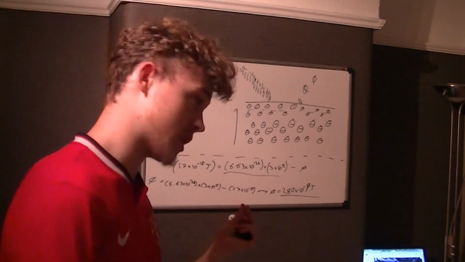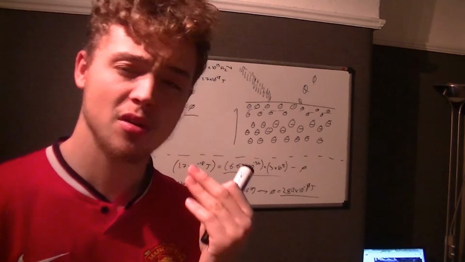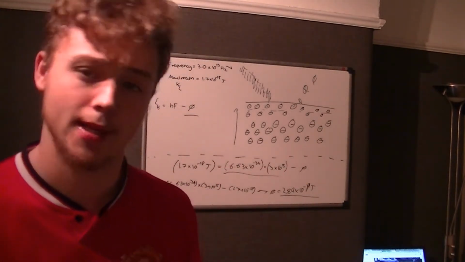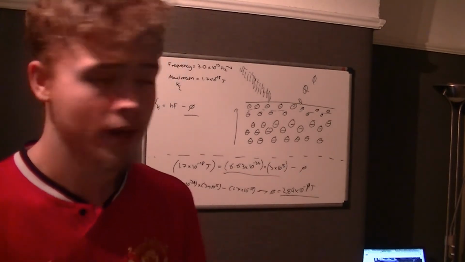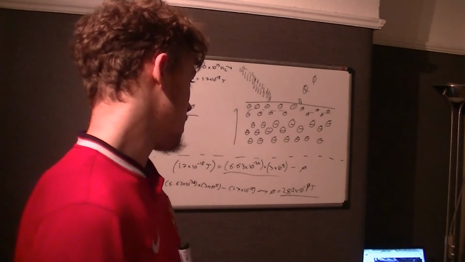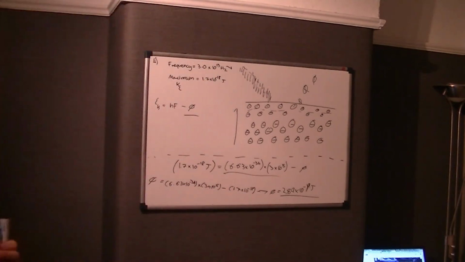If we times this by 1.6 times 10 to the minus 19, this is obviously wrong by the way, then we'd end up with a much smaller number, because 1.6 times 10 to the minus 19 is a hell of a lot less than 1. So if electron volts have got to be bigger than joules, then we've got to make it bigger.